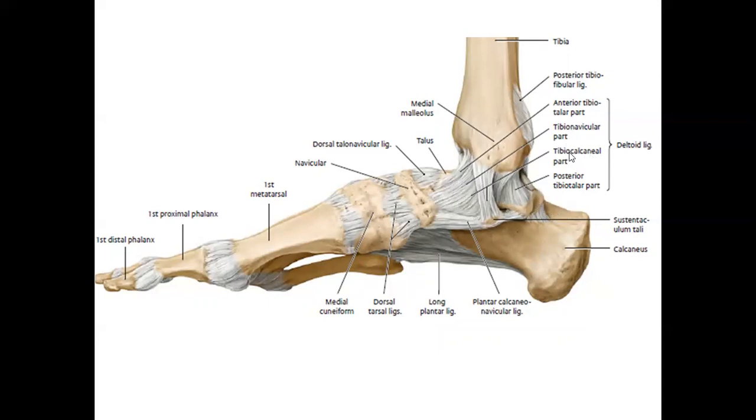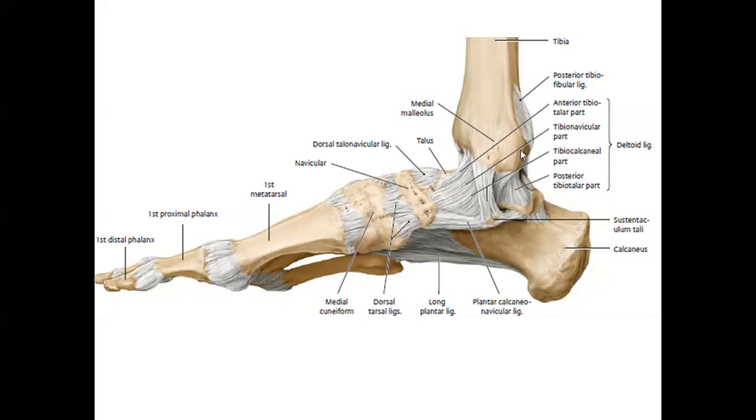So basically, the deltoid ligament is a triangular ligament present on the medial side, also known as the medial collateral ligament of the ankle joint, divided into a superficial part and a deeper part. Both parts superiorly are attached to the margins and the apex of the medial malleolus. Inferiorly, the superficial part gets divided into three parts.